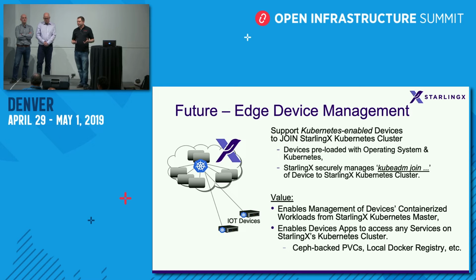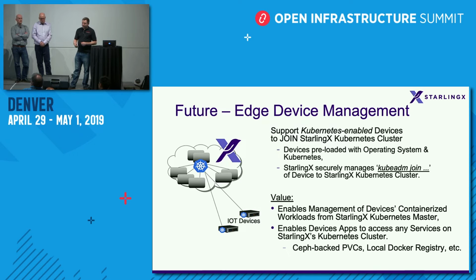In this use case or scenario, those devices kind of come to the party with their OS already installed, Kubernetes already installed. And the idea is the proof of concept demo is about supporting the ability to securely join them into our StarlingX Kubernetes cluster.